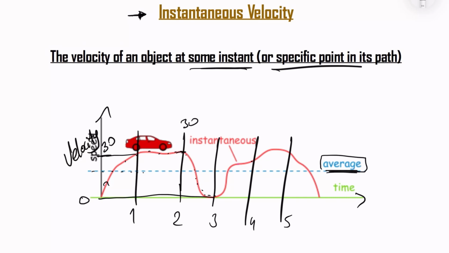At the fourth second, it's around, I'm giving the numbers roughly, 25 meters per second. At the fifth second, there is another number. So if we have a specific moment, a specific time, at that specific time we are talking about the instantaneous velocity. That means velocity at that time. I'm going to explain this with the simulation.